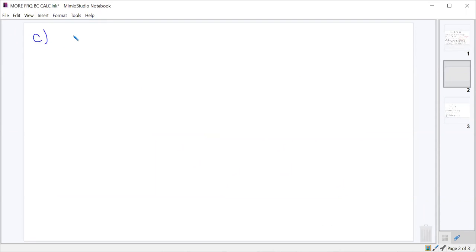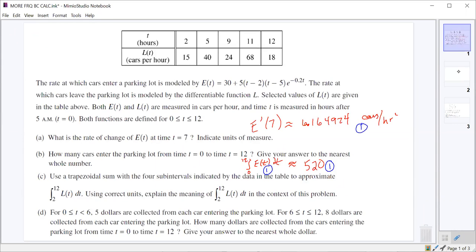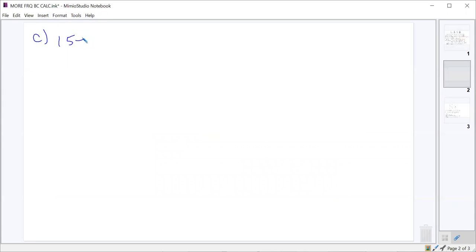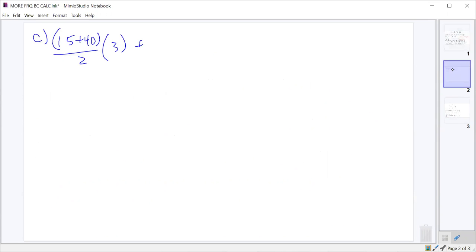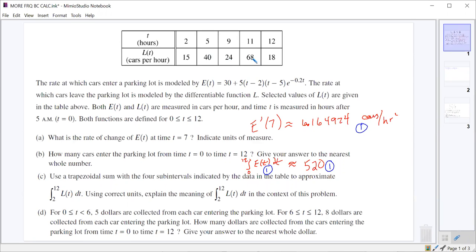Should be, what do we have, 15 and 40, divided by 2 times the length of the subinterval, which was 3. Add the next one, 40 and 24. We're going to multiply that one by 4. Next one is 24 and 68.